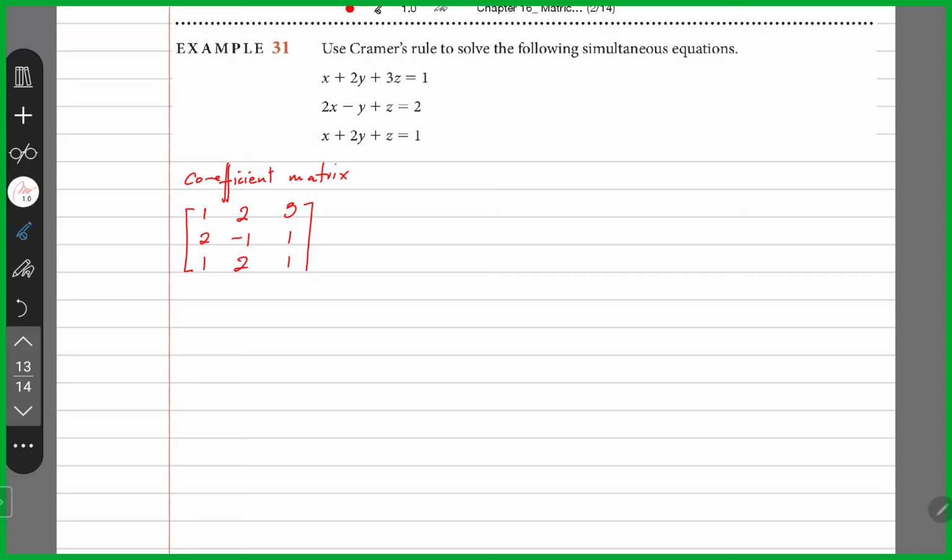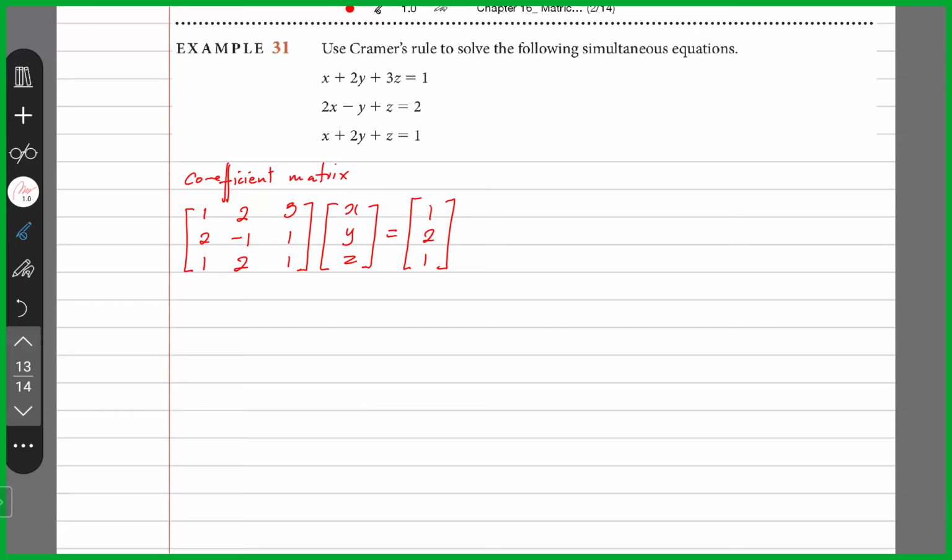That's the coefficient matrix. If we wanted to, we could have done this: X, Y, and Z, and this is equal to 1, 2, 1. So this is just representing our system of three equations in three unknowns as a matrix equation.